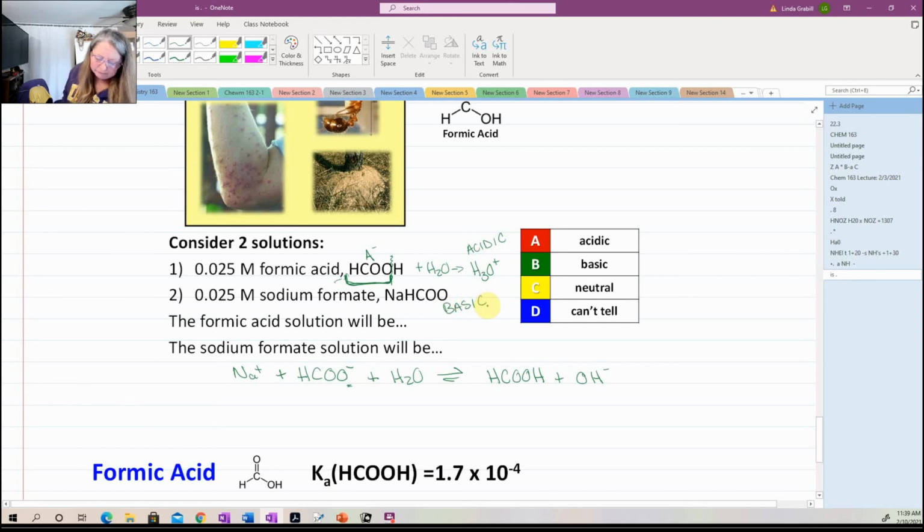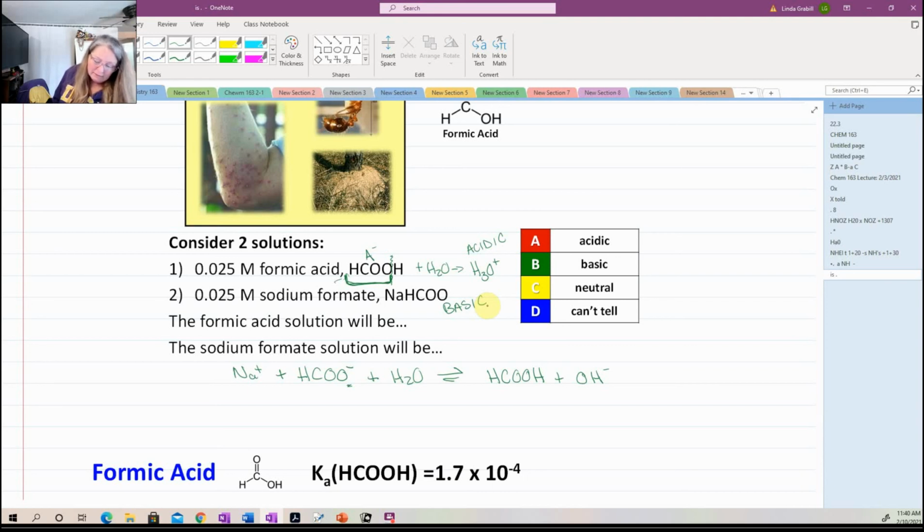But notice I have a conjugate acid and a conjugate base, right? So the conjugate acid of my weak base, of my sodium formate, is the formic acid. And the conjugate base of my formic acid is my sodium formate.